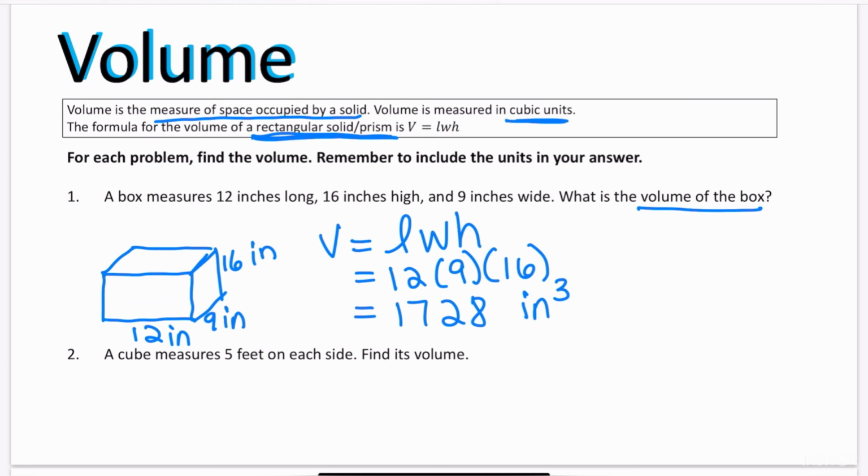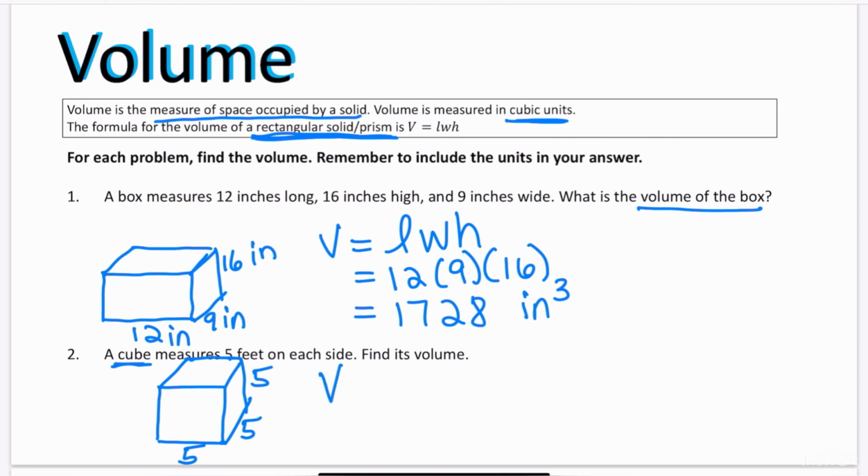In number 2, we have a cube. In a cube, all of the sides measure exactly the same. So in this case, the length, the width, and the height, they're all 5. So they're 5 all the way around.